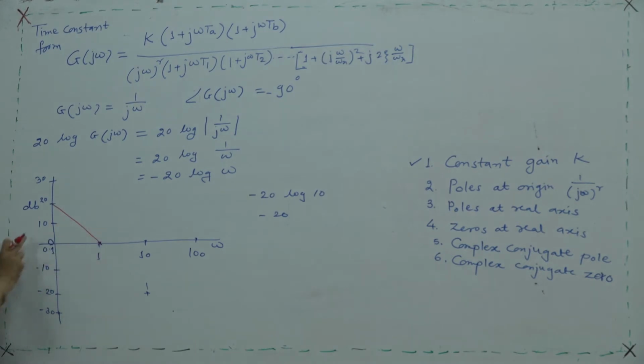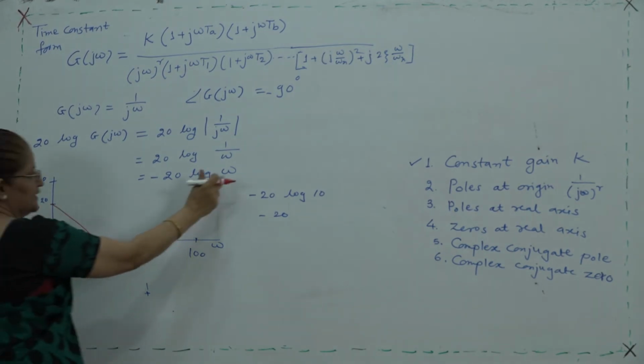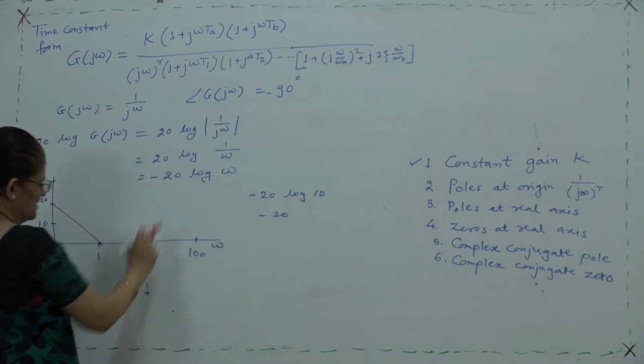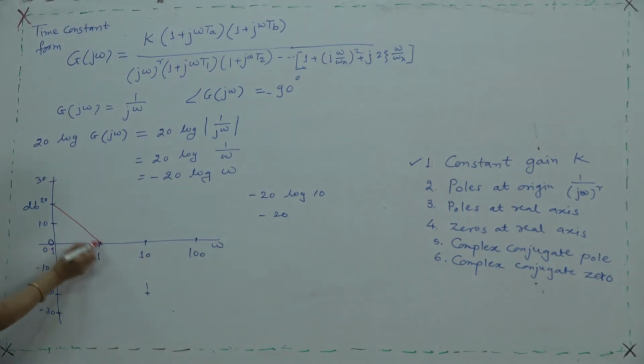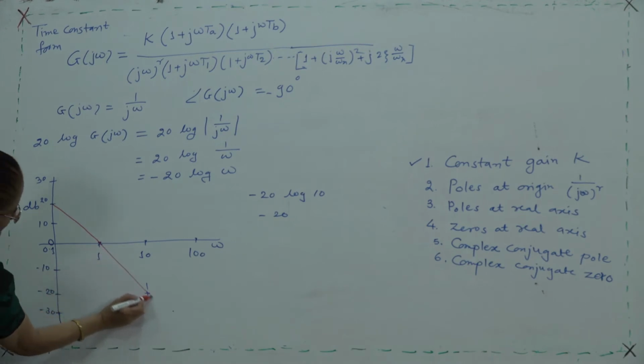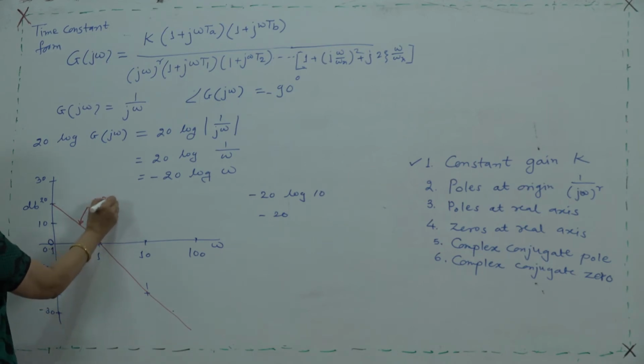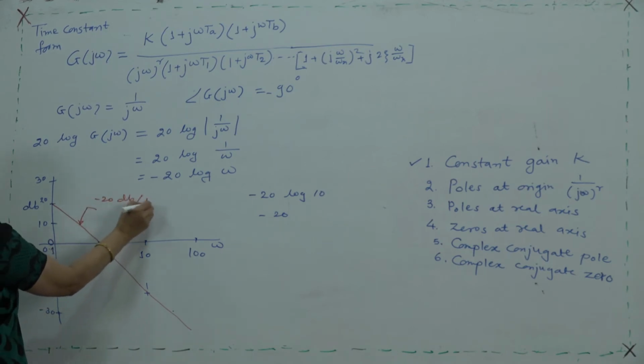So, at 1 it is 0. If I consider omega as 10, log of 10 is 1, so it is minus 20, and so connect these two points. So, a straight line you will get. What is the slope of this line? Minus 20 dB per decade.